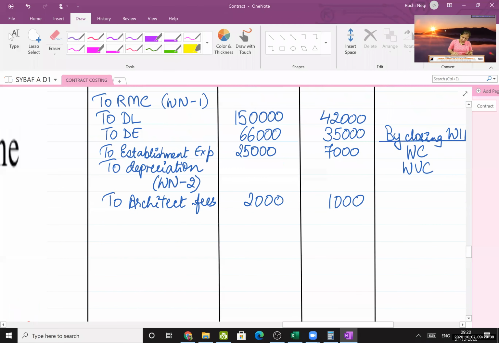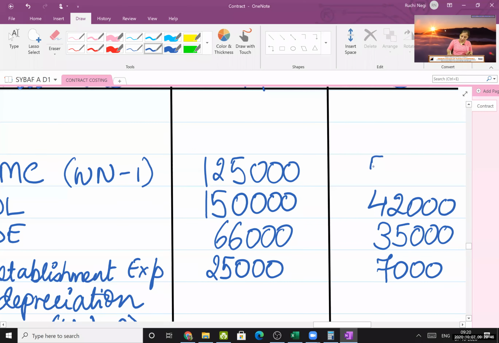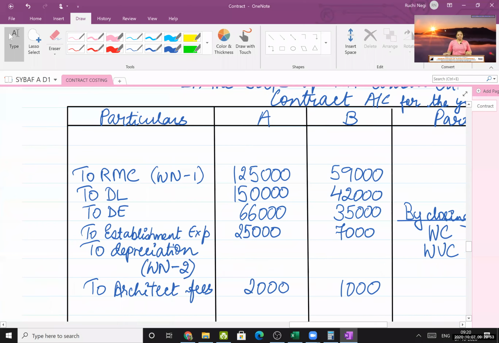Substitute it here in the ledger. 1,25,000 and 59,000. Okay. Next.